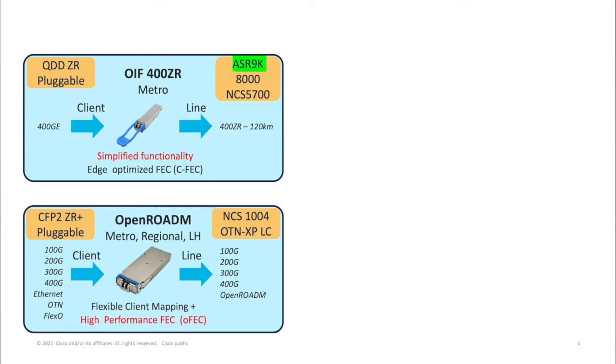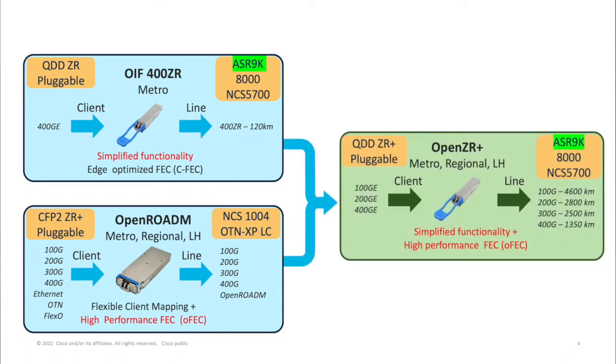and you can go much longer distances. So, based on these two standards, 400ZR and OpenROADM, the third variant was built, OpenZR Plus. It's Ethernet-based, and it can support 100 gigabit Ethernet, 200 gigabit Ethernet, and 400 gigabit Ethernet clients.